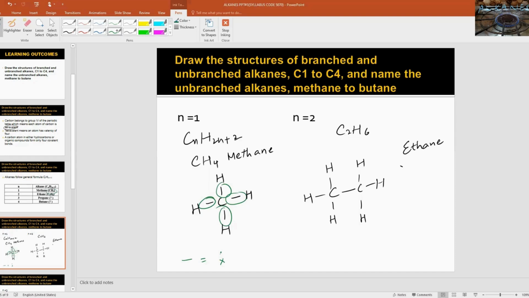You can see here that each carbon is forming 3 bonds with hydrogen atoms: 1, 2, 3. 1, 2, 3.